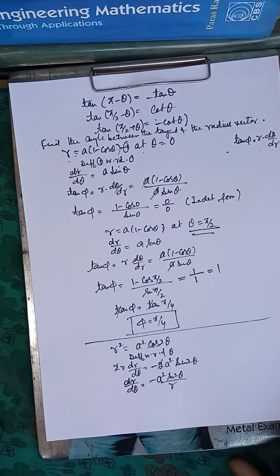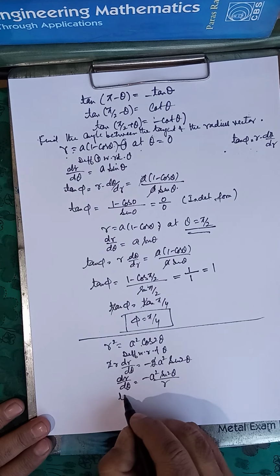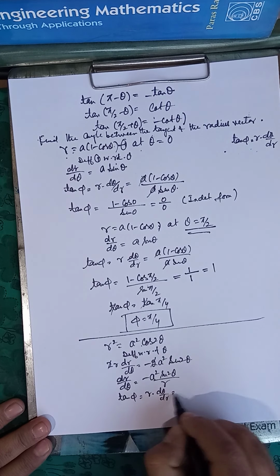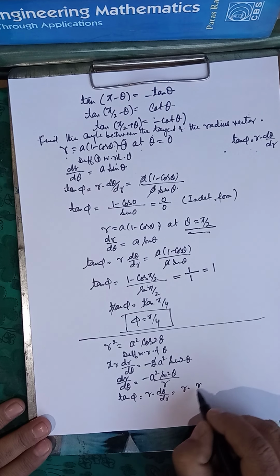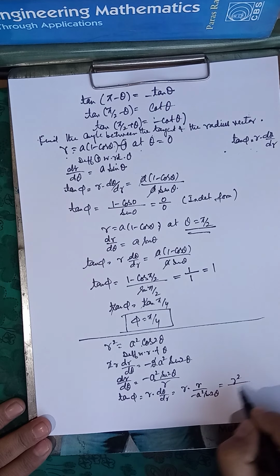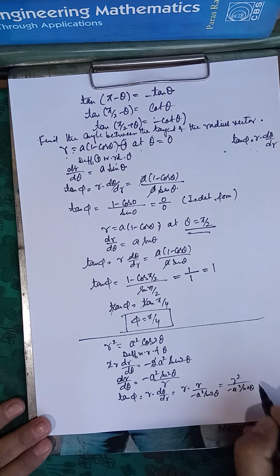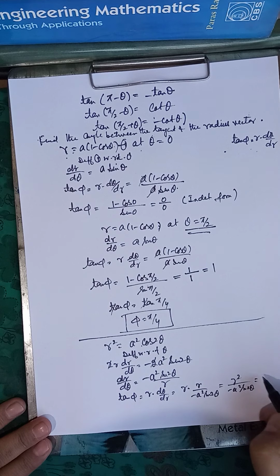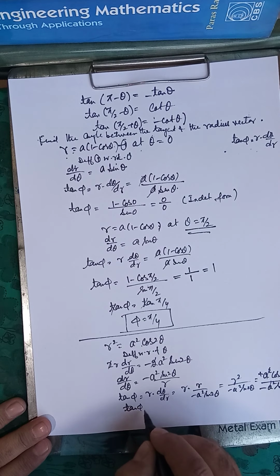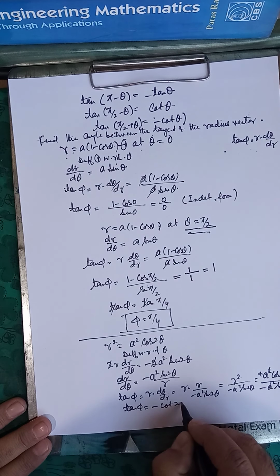Now what is tan phi? Tan phi is r d theta by dr. It is r by minus a square sine 2 theta by r, so it is r square by minus a square sine 2 theta. Your r square is a square cos 2 theta upon minus a square sine 2 theta. So it is minus cot. So tan phi is minus cot of 2 theta.